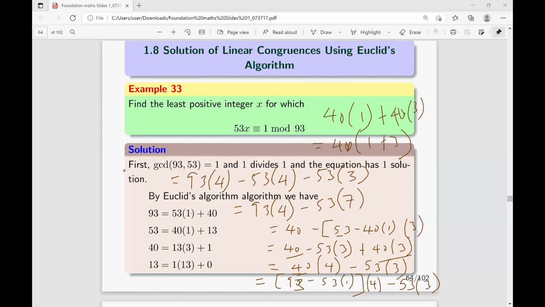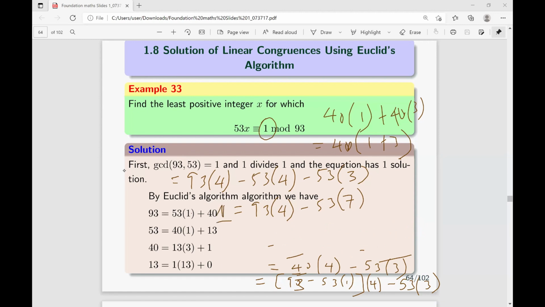Now, what was the question? The question was, find the value of x. That was the question. And what is interesting is this value here, 1. It's what we have here.